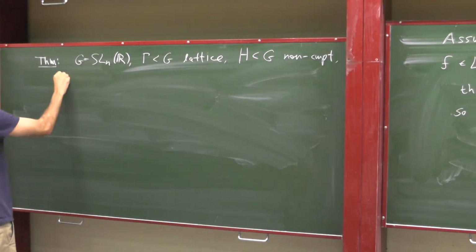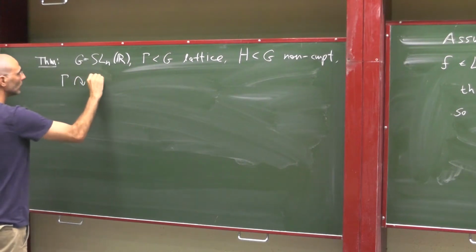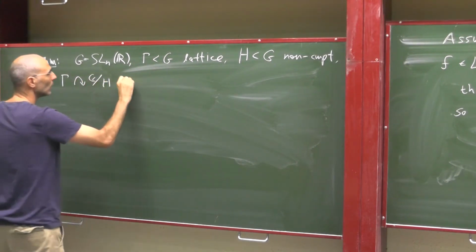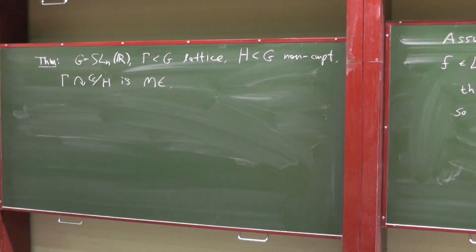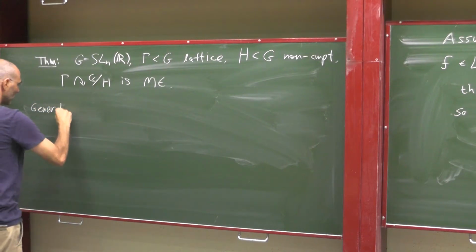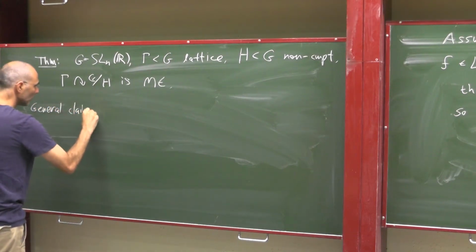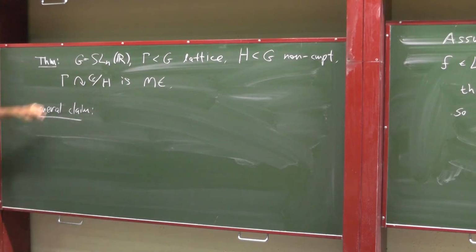Then also the gamma action on G mod H is metrically ergodic. Actually, this follows from a general claim. So G acting on G mod H is metrically ergodic.